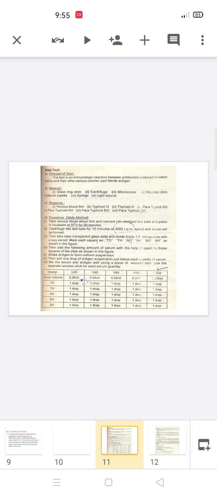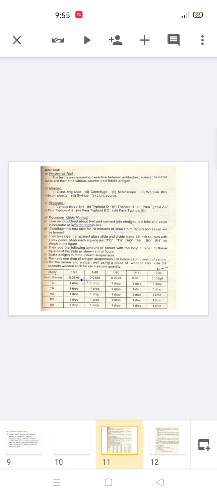In the second, diluted at 0.04. In the third, in the fourth, and at last 0.001 ml of the serum we take and apply upon it a drop of antigen O as well as another drop of the other antigen, that is the H, O and H in separate drops.